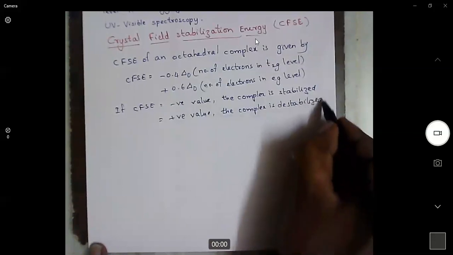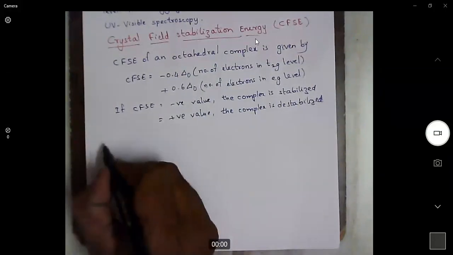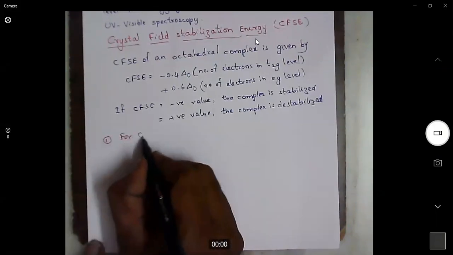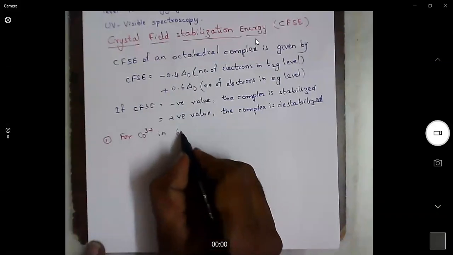So CFSE calculation will give us information whether the complex is stable or unstable. Now we will consider two cases, for a cobalt 3 plus ion, in a high spin complex.